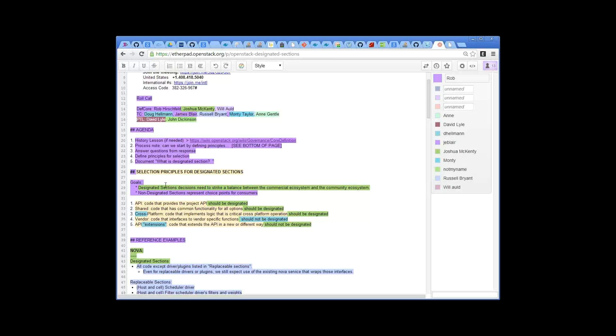I think the business guys could do a pretty good job of standing up for themselves, as long as we're not overreaching or making it overly hard. But this is to me the reason to have multiple principles. We're not trying to say if somebody wants to commercialize it, sorry, you have to make it non-designated.